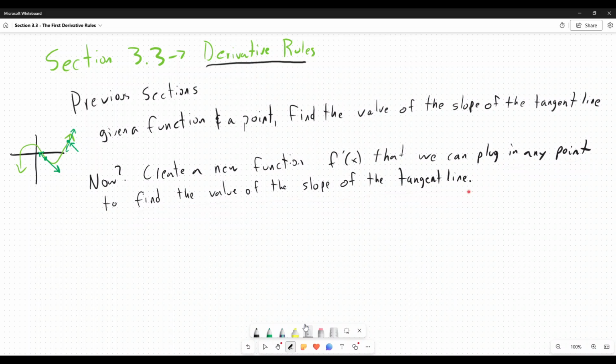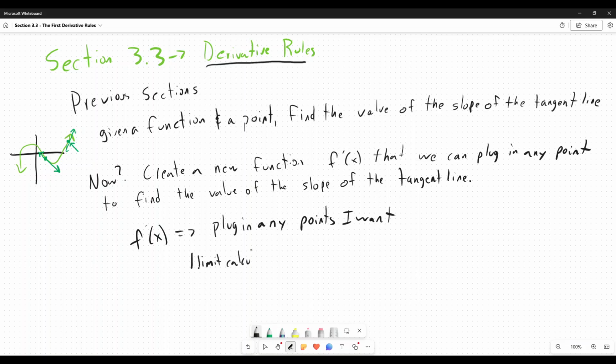So instead of you giving me the function and a point together and me building that each time, now I'm going to create f prime of x as a function, and I'll plug in any points I want. Now, this means one limit calculation, but many tangent lines. It's just a more efficient way of doing things. So, here's what we need to talk about.